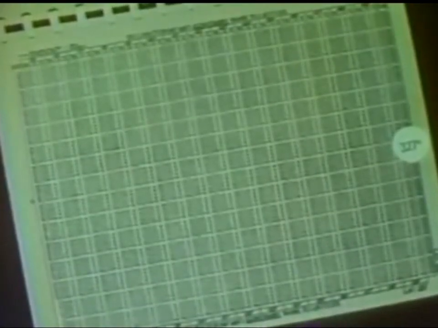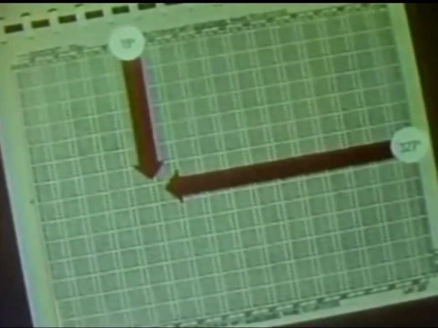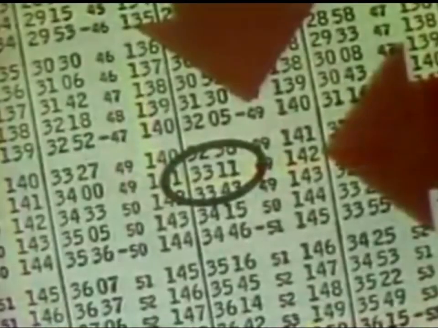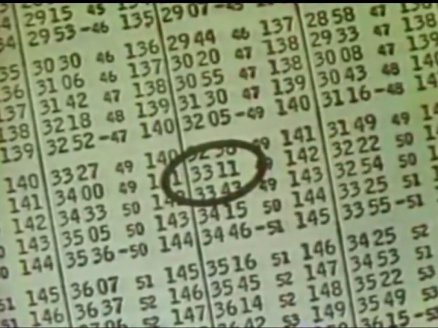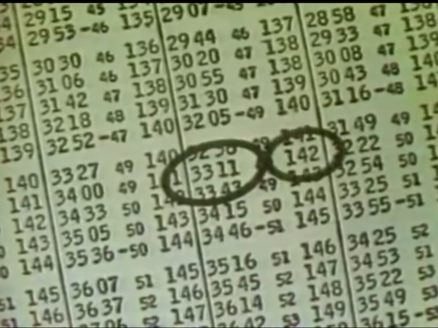Move across the tables to the column for the whole degree of declination of the sun, 19 degrees, and you read HC for 19 degrees as 33 degrees 11 minutes, a D, or correction factor of minus 49, which we'll discuss in a moment, and an azimuth angle, Z, of 142 degrees.